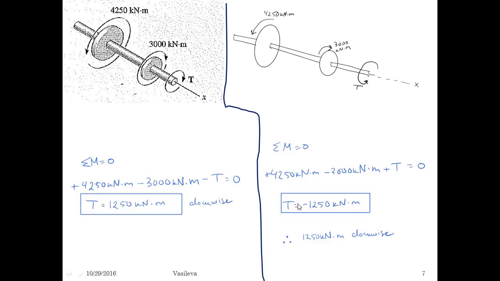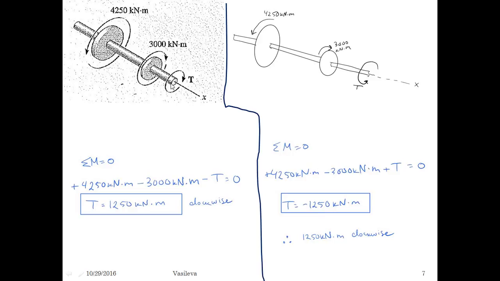So when I solve, I end up with T equals negative 1250 kilonewtons per meter. What does that mean? Because I end up with a negative, it means that the way that I drew my torque is actually not right. It should be the exact opposite way. So in reality, I end up with basically the same answer. My torque should be 1250 kilonewtons per meter clockwise.